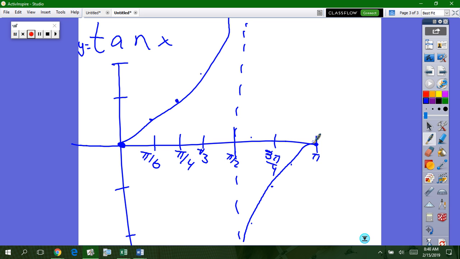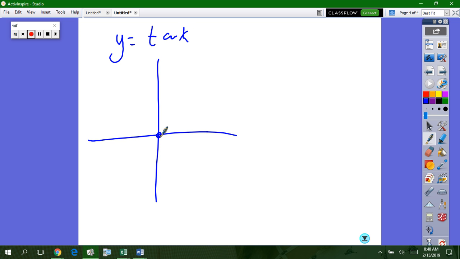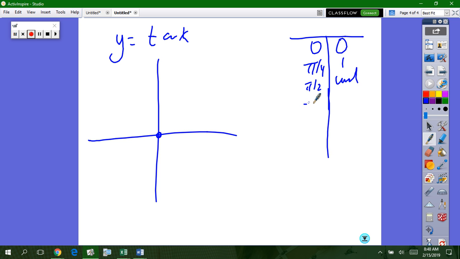Okay, really quickly, all I want you to do when you graph a tangent graph, here's your parent. Okay, 0 gives me 0. Pi over 4 gives me 1. Pi over 2 gives me undefined. 3 pi over 4 gives me negative 1. And pi gives me 0.